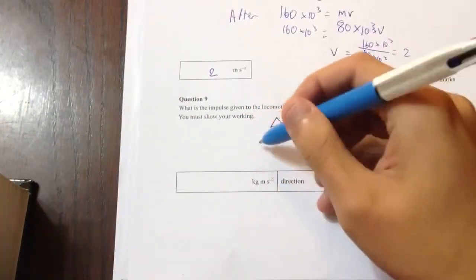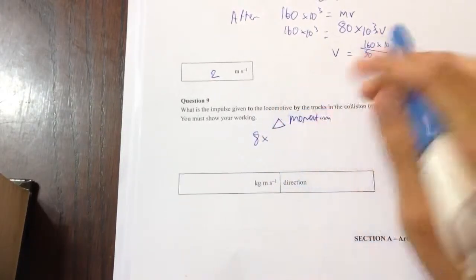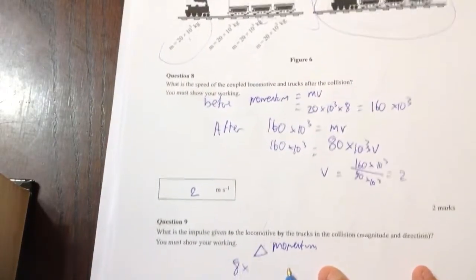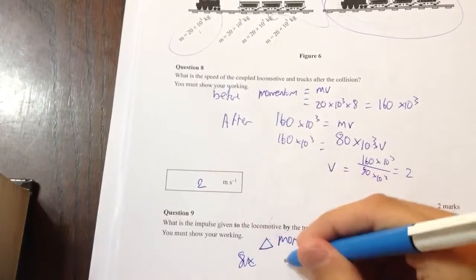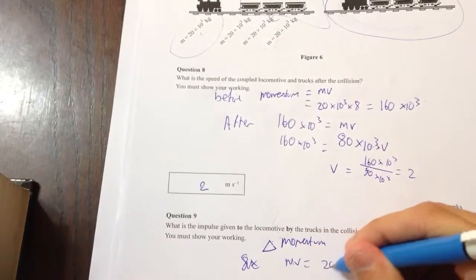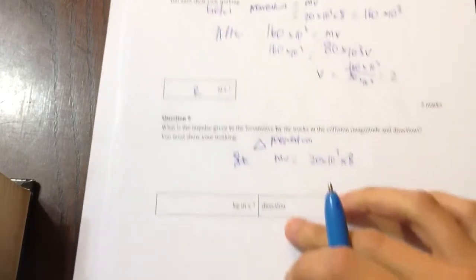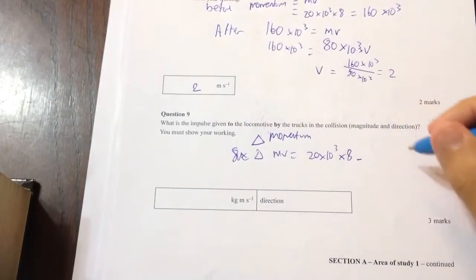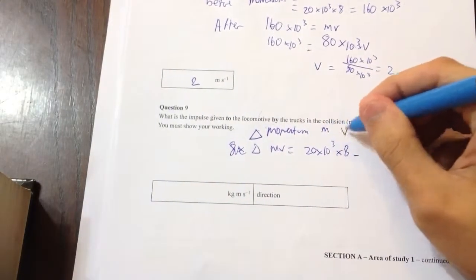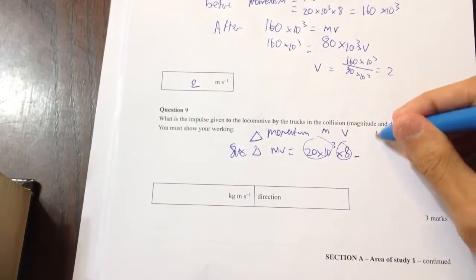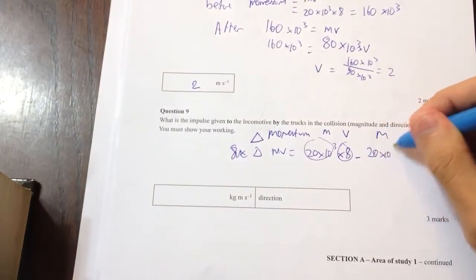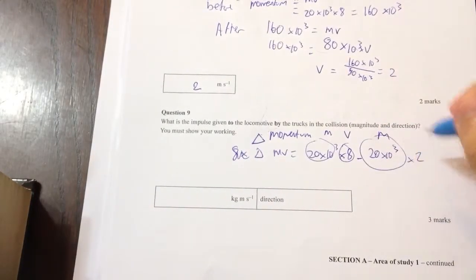Initial momentum was mv, which is 20 times 10 to the 3 times 8. Afterwards it was moving at 2 meters per second, so mv is 20 times 10 to the 3 times 2.